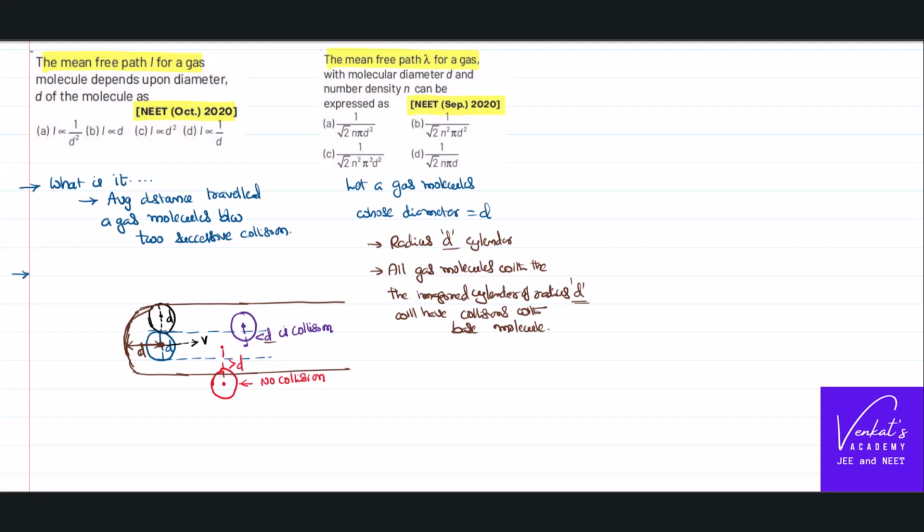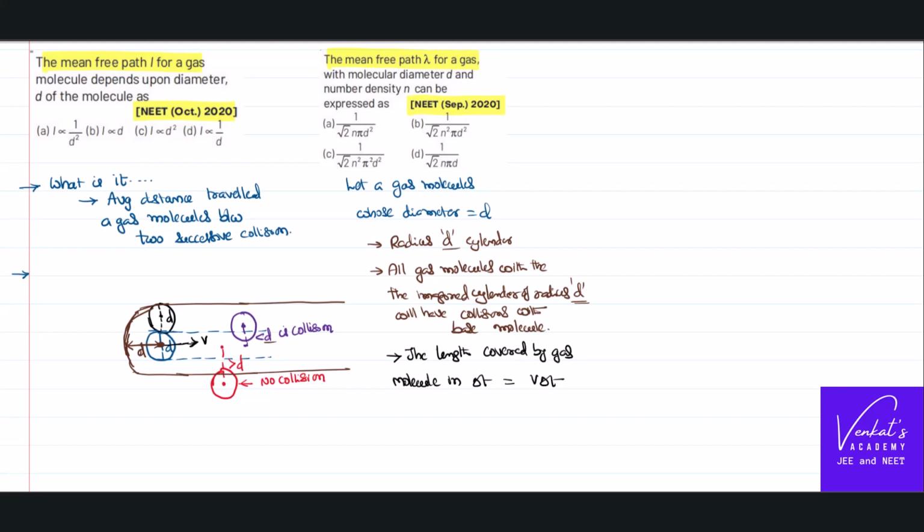The first thing I want to do is find the length covered by the gas molecule, the blue one, the first molecule that I have drawn. In a small time delta t, distance traveled is equal to velocity into time. I have assumed that this gas molecule has a velocity v, so the length covered is automatically v into delta t, right?